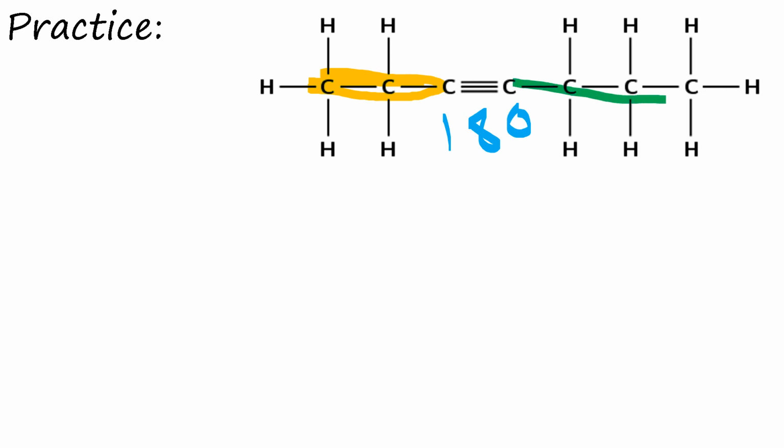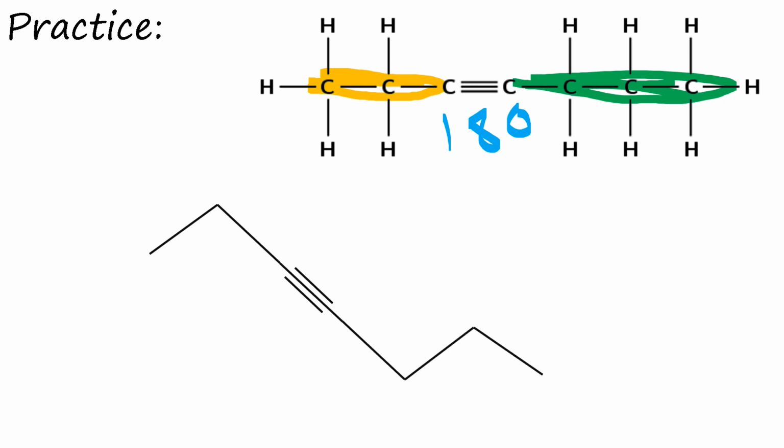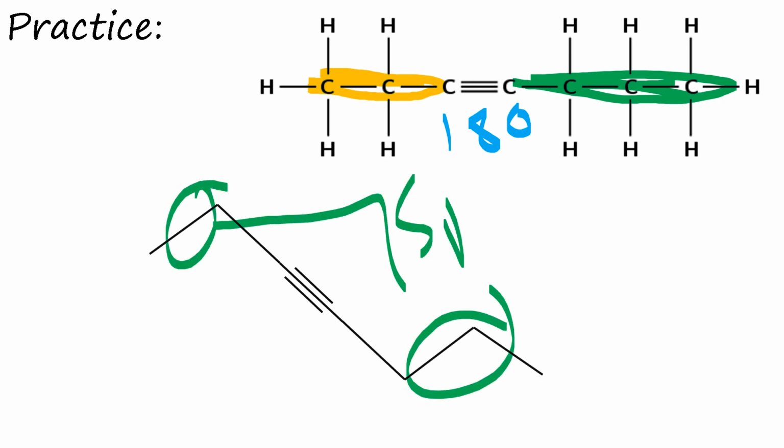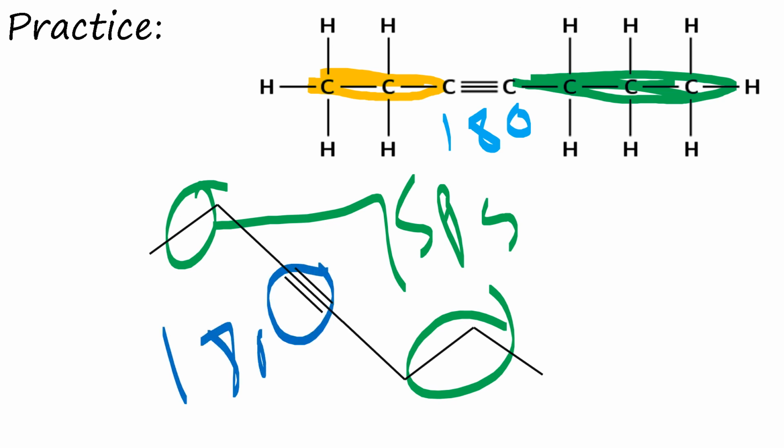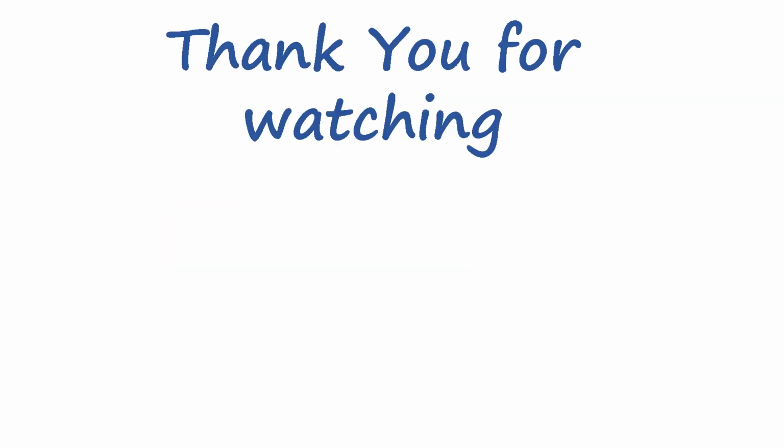The first three and the last four carbon atoms are going to be drawn in the zigzag format because they have sp3 hybridized carbons, whereas carbons 3 and 4 are gonna have a straight angle of 180 degrees because they are sp hybridized.